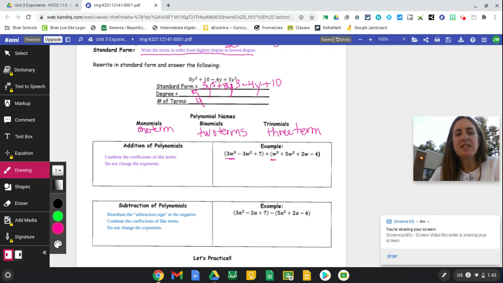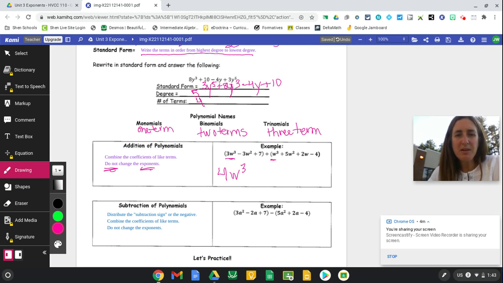So I'm going to take that 3w to the third and add the 1w to the third, and now I have 4w to the third. I do not change the exponents. The exponents stay the same. I don't want to change them and make that w to the 6th. That would be really naughty.